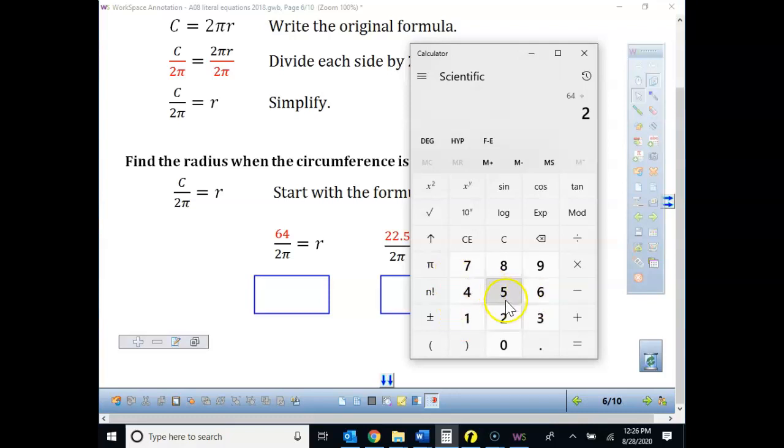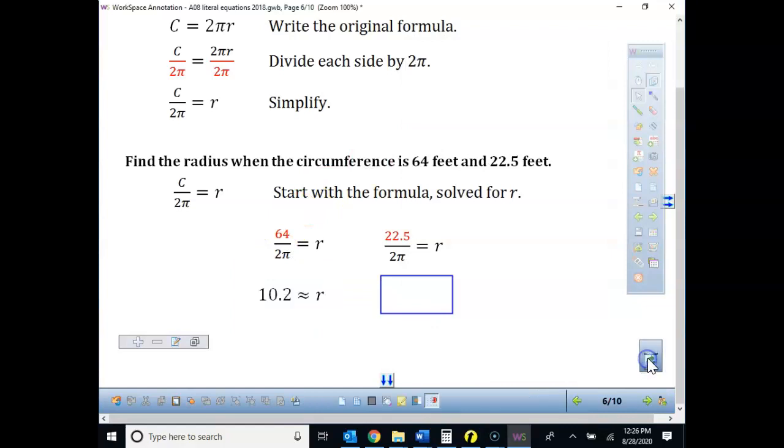This is where you have to be careful. Now I'm going to divide one more time by pi, which is 3.14, and I get a solution of 10.18. So that's the solution that I would look for here.